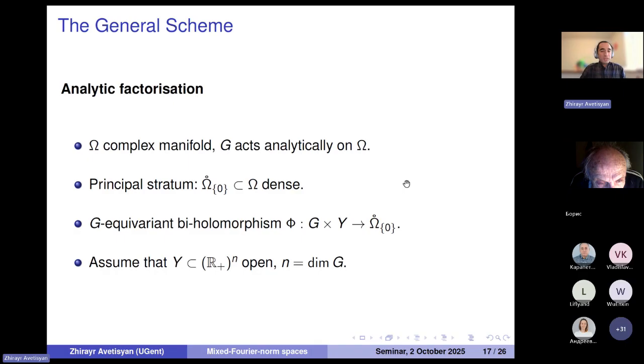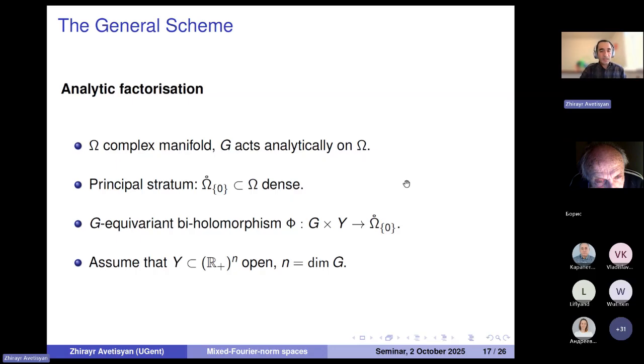Then you are looking at what is called the principal stratum. What is the principal stratum in the theory of group actions? The principal stratum is the subset of the domain consisting of orbits of highest dimension, or orbits of smallest stabilizer subgroup, which is equivalent.